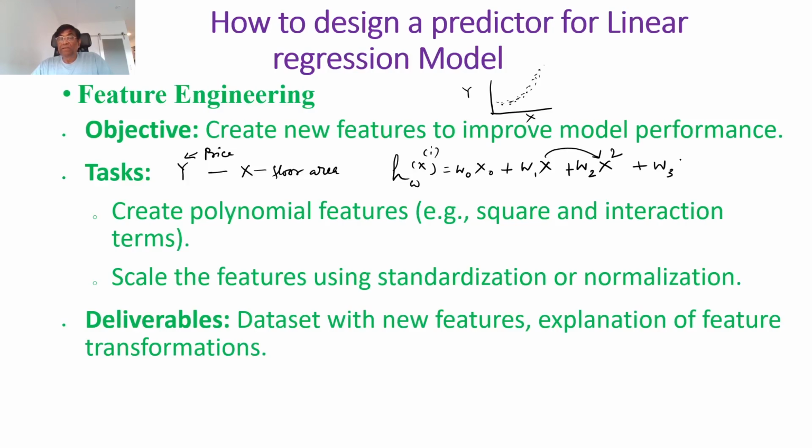Similarly, if you still think the distribution of data is following some higher order polynomial, you can create or engineer another feature. So remember, X, X square, X cube, they are all different features. And from X, you engineered features so as to fit the data which you have collected and analyzed.